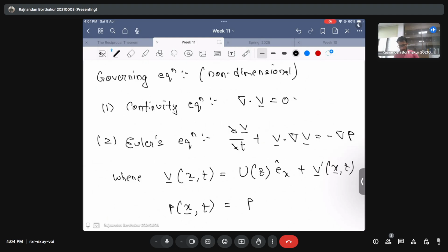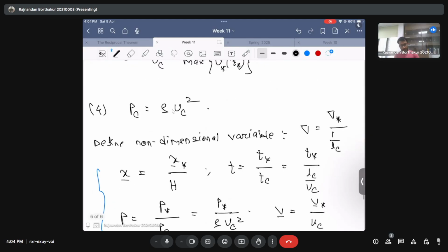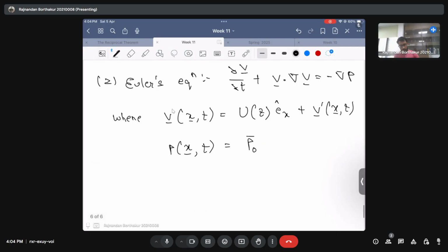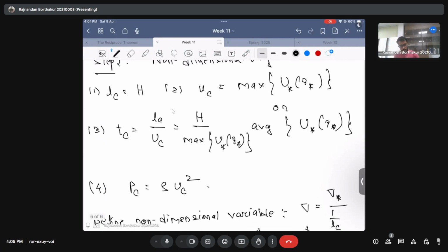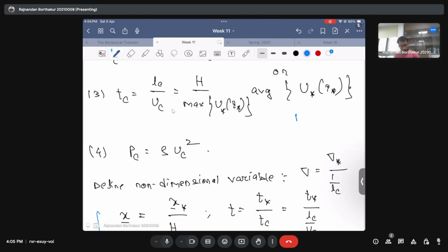This is going to be a function of your base pressure, which is, let's say, p naught bar, because you are defining your p naught bar as your dimensional given pressure, which is, let's say, p naught star by pc. And similarly, you can write the corresponding expression for U, which is basically capital U star by uc.